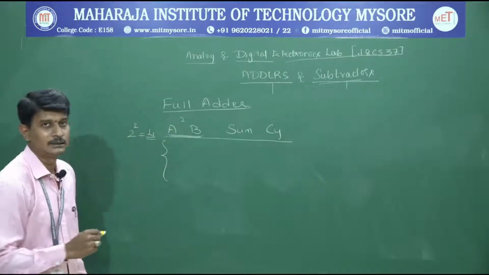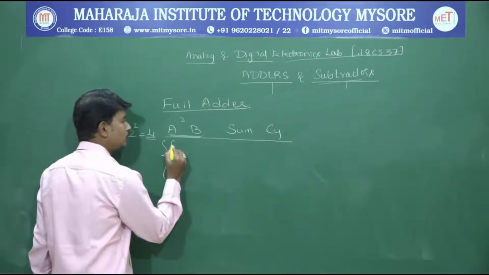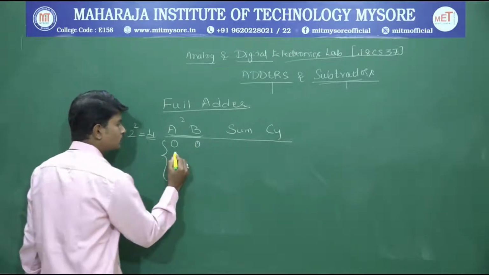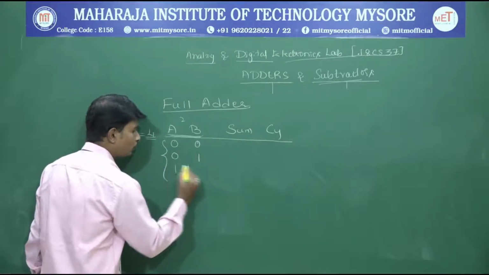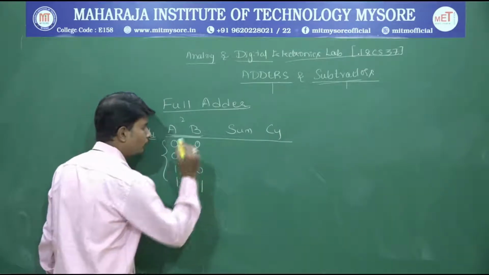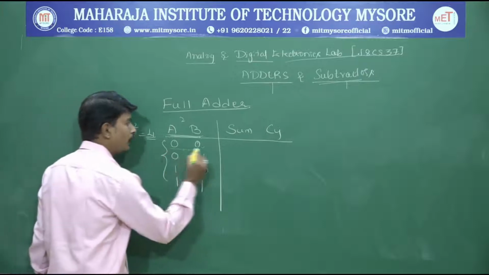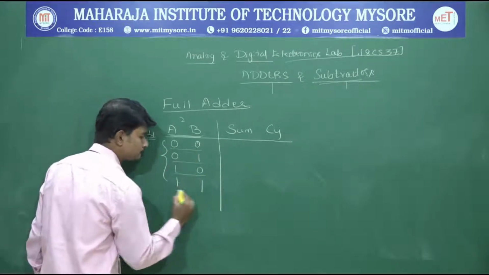The different combinations are 0 0, 0 1, 1 0 and 1 1. Now I'm just going to add these two variables.